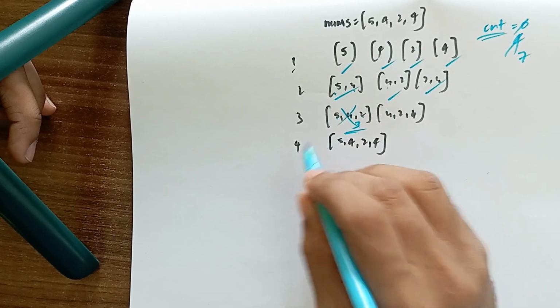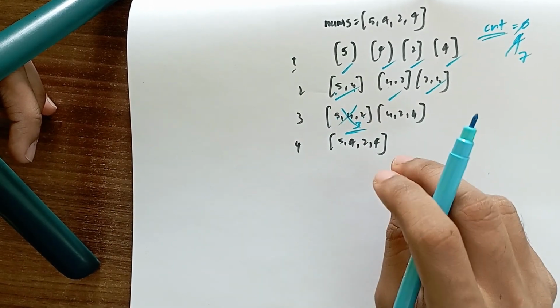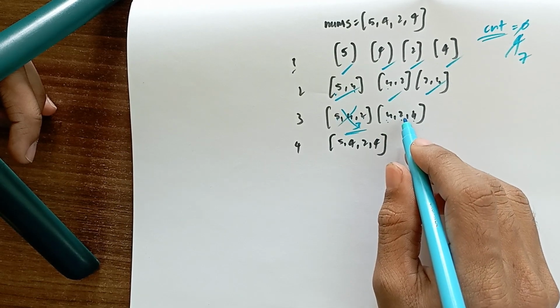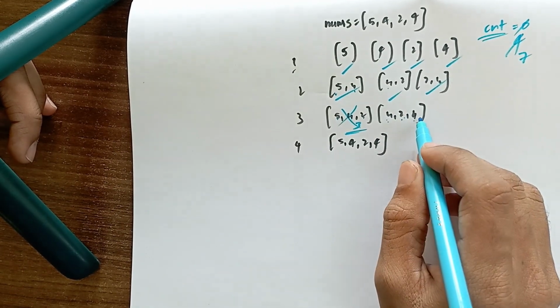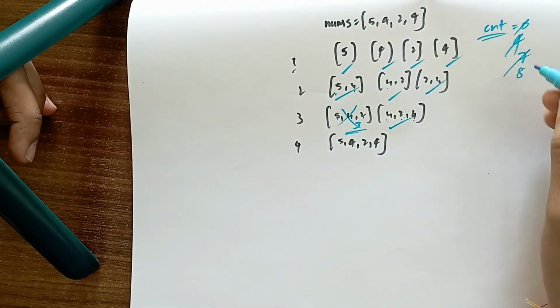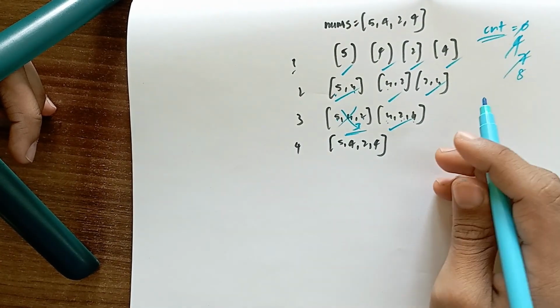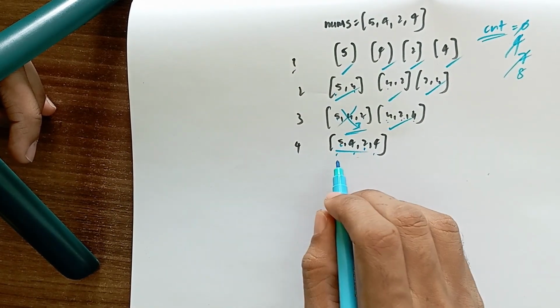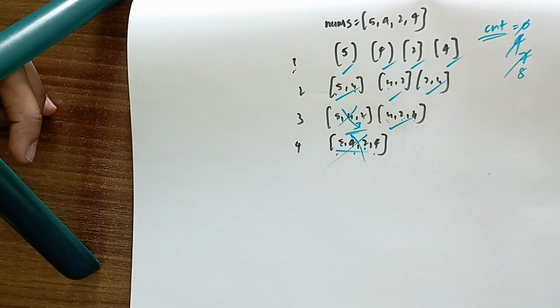Now, this will not be considered as a continuous subarray. 4, 2 and 4. 4 minus 2 will give us 2 and 4 minus 4 will give us 0. So, this will be considered as a continuous subarray. Now, it will be 8 as we increment our count. 5, 4, 2, 4. Same case. 5 minus 2 will be giving 3. So, we do not consider this one.